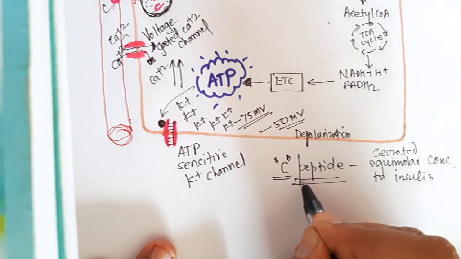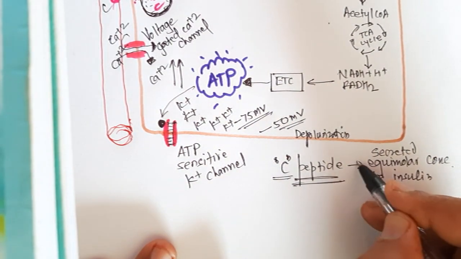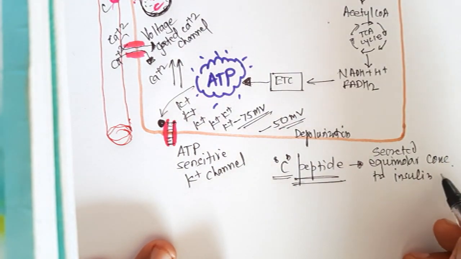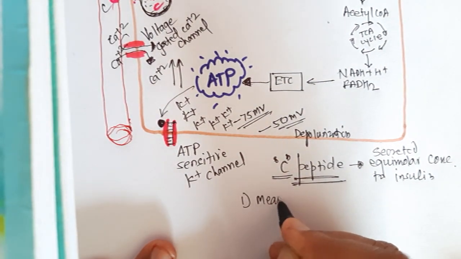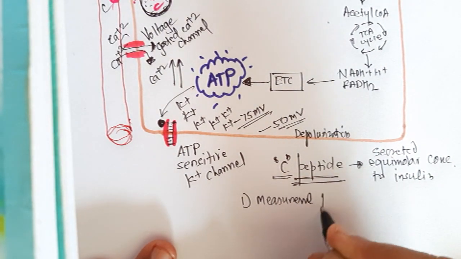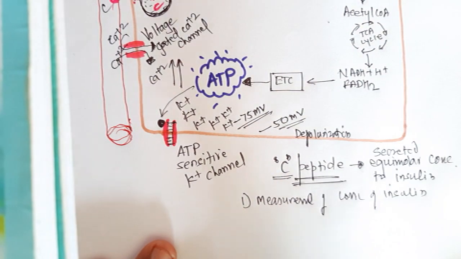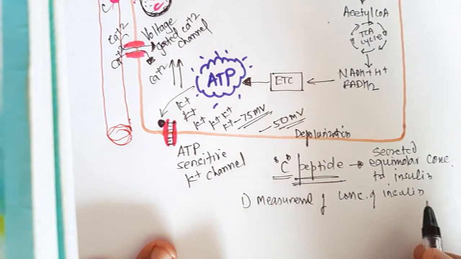So the importance of C peptide is that, as it is secreted in equimolar concentration to insulin, it is helpful in the measurement of the concentration of insulin. It will give an accurate idea about the concentration of insulin when you measure it.